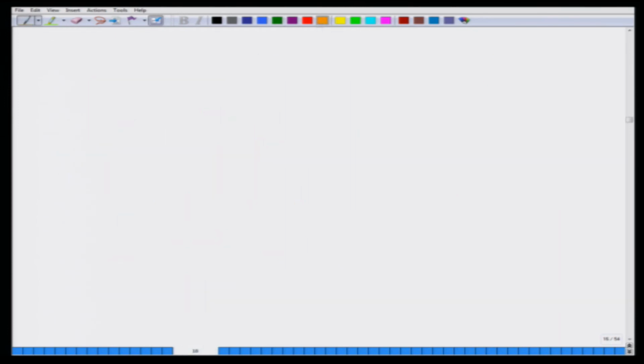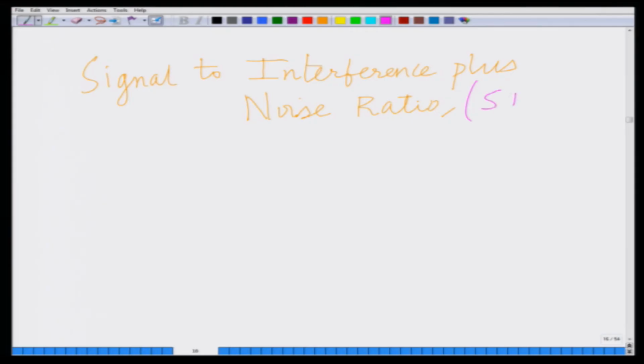Therefore, we want to compute the signal to interference plus noise ratio, that is SINR.